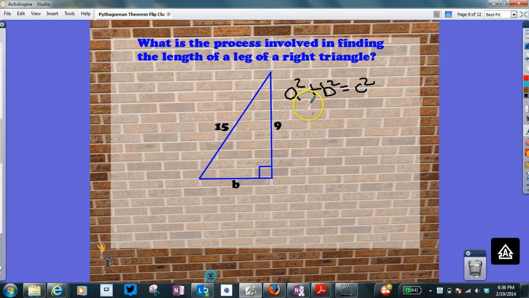Now, I want you to make a prediction. Have in your head what you think you're actually going to do to this. Go ahead and work this out, make the prediction, and then we're going to compare to what reality is. So just using your prior knowledge, work this out. Take about 2 or 3 minutes, see what you come up with, and then we'll work it out.